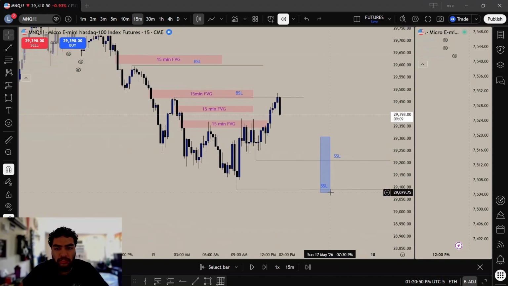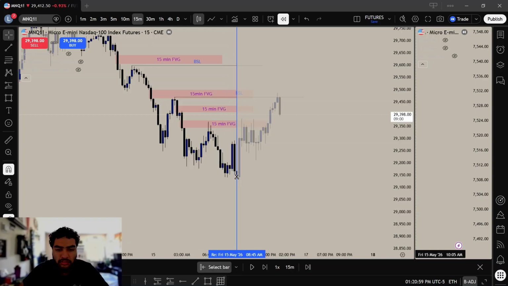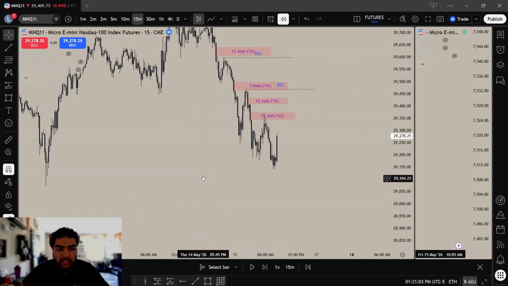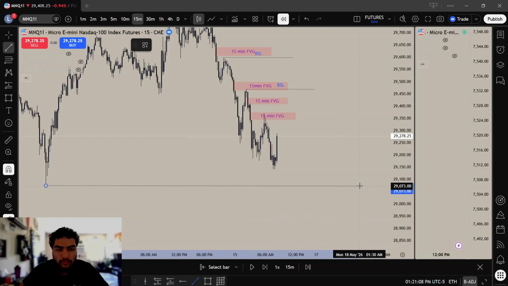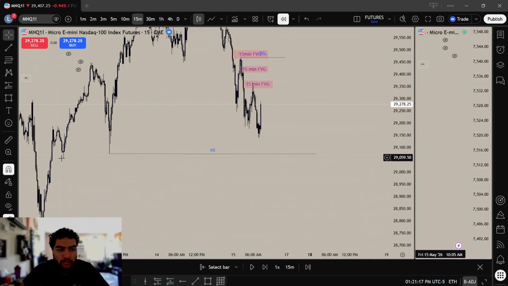Actually, hold on, this is after. I don't know why it changes so much, bro. So sell side liquidity, we have this right here, and then we have this one right here, which will be our last target.